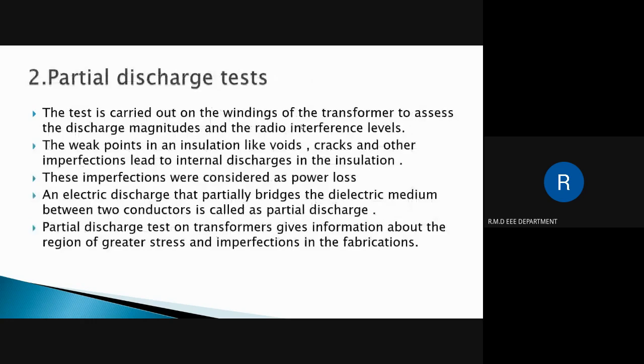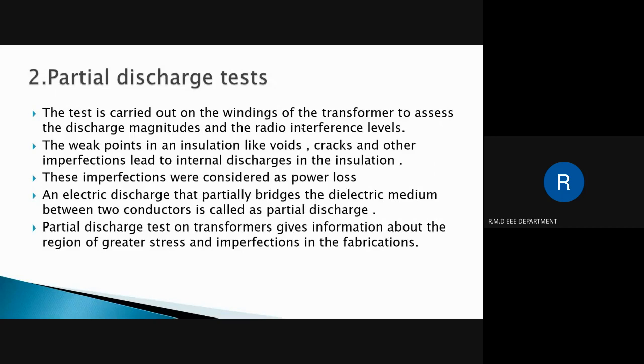Next one is partial discharge test. For the winding of the transformer, the test is carried out to assess the discharge magnitude and the radio interference levels. In this, the weak points in an insulation such as voids, cracks, and other imperfections lead to internal discharge in the insulation.